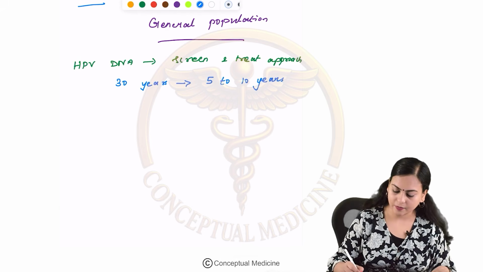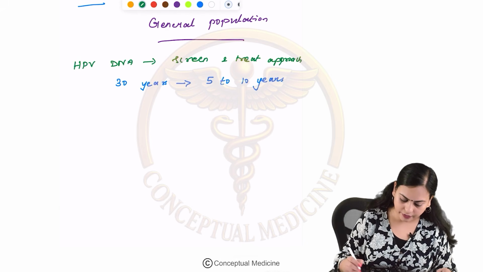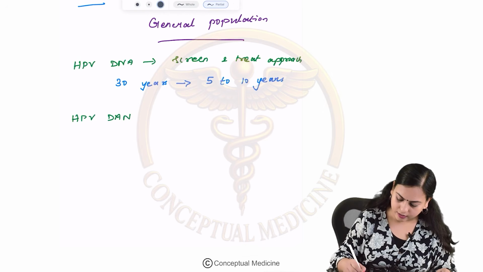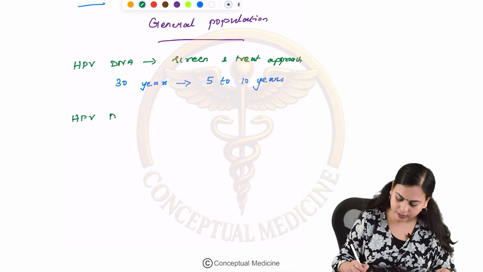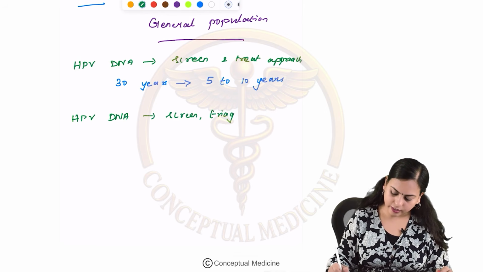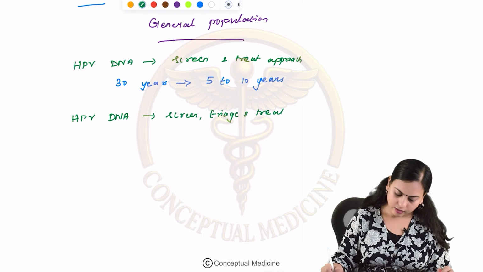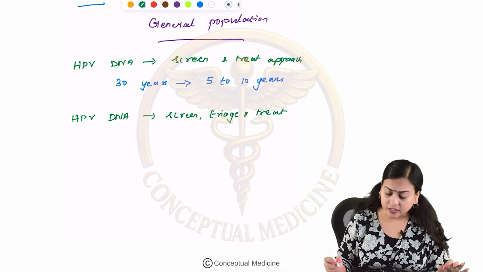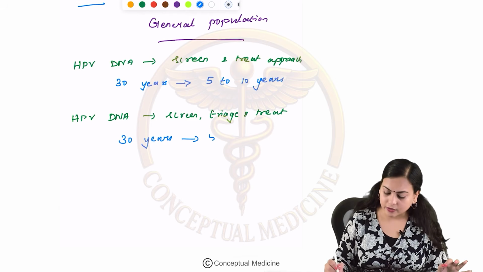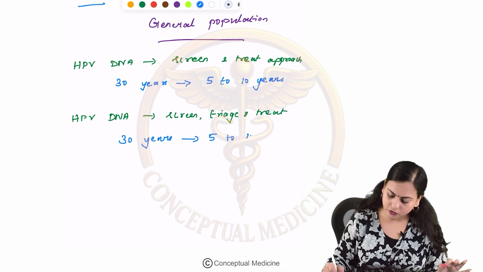In the same way, we can also offer HPV DNA in a screen, triage and treat approach, starting at the age of 30 years again, continued with regular screening every 5 to 10 years.